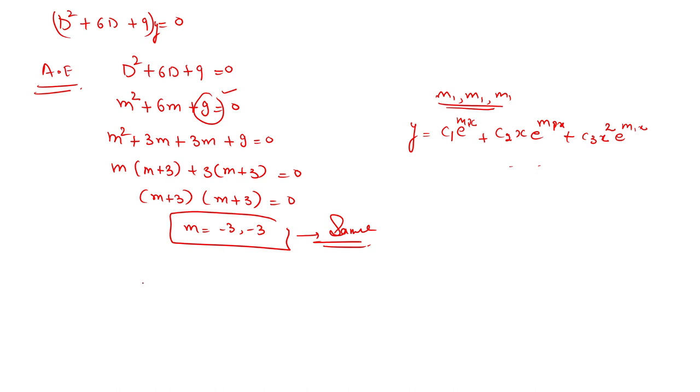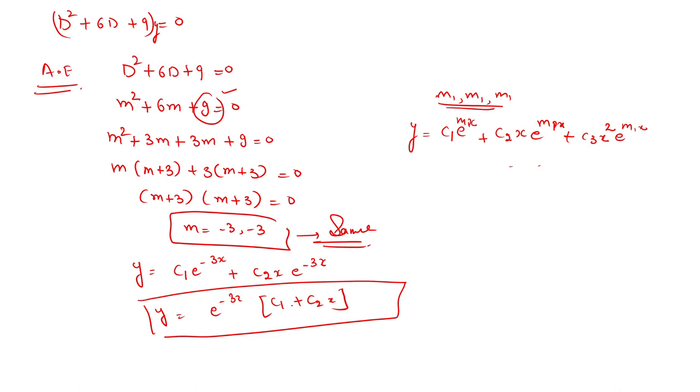Now similarly, y = c1 e^(-3x) + c2 x e^(-3x). Now e^(-3x) is taken as common: (c1 + c2x) e^(-3x). This is the solution of y whenever you have the same roots.